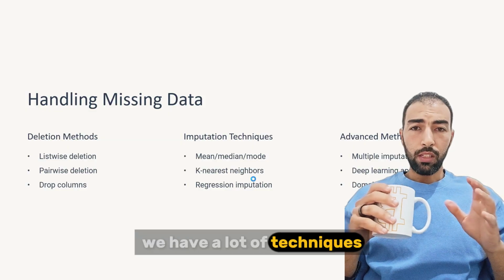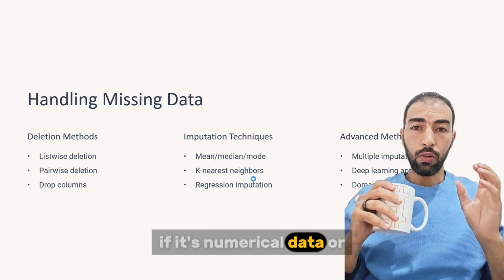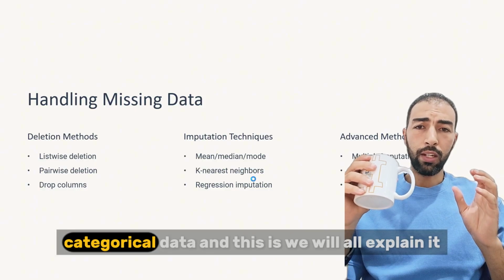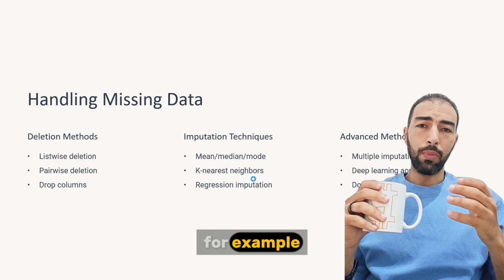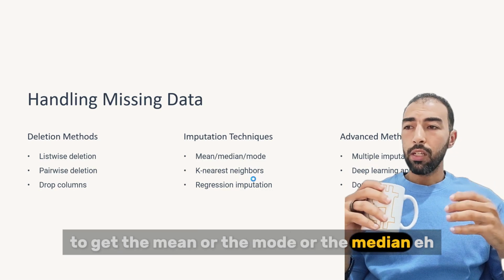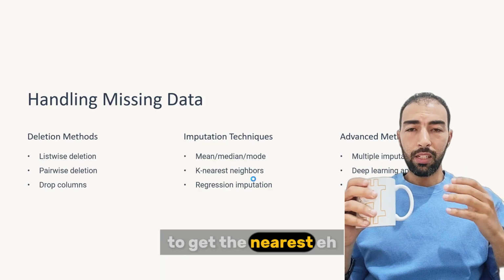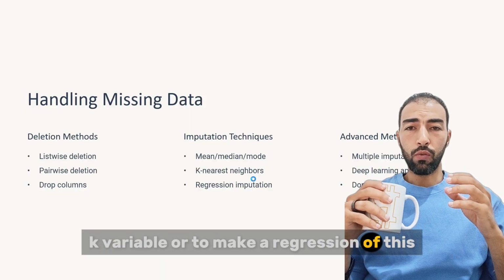We have a lot of techniques, and these techniques depend on whether it's numerical data or categorical data, and we will explain all of it. For example, getting the mean or the mode or the median, getting the nearest k neighbors, or making a regression.